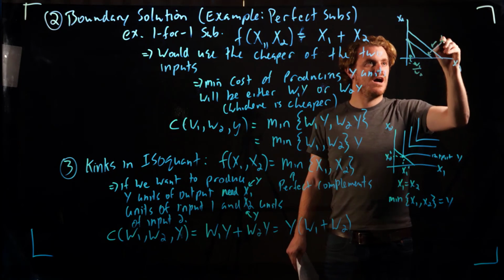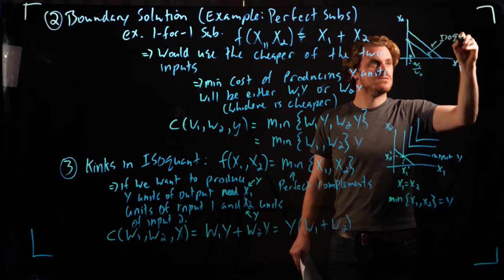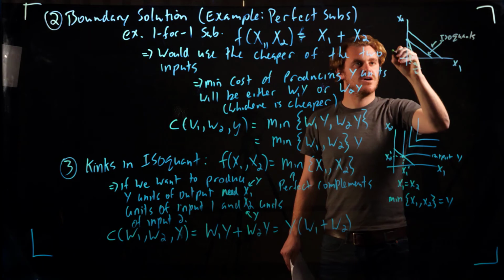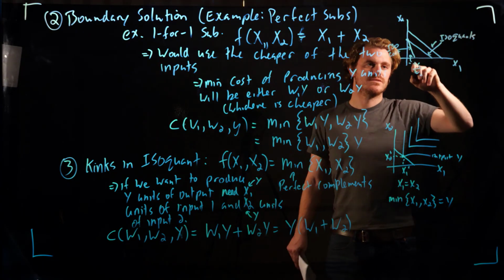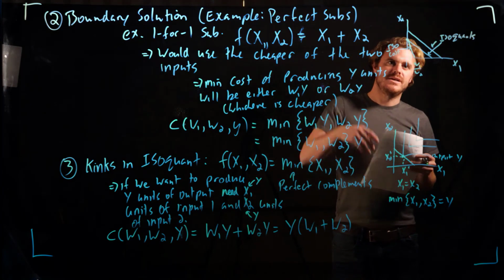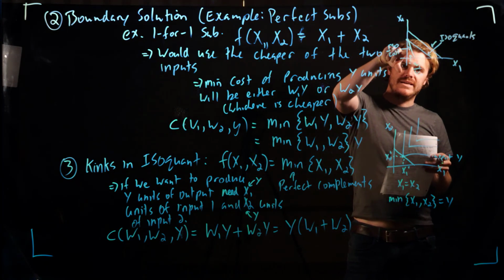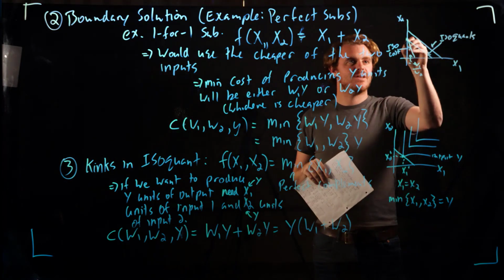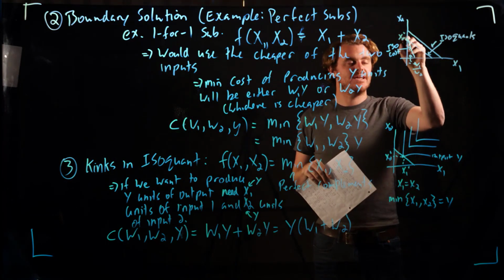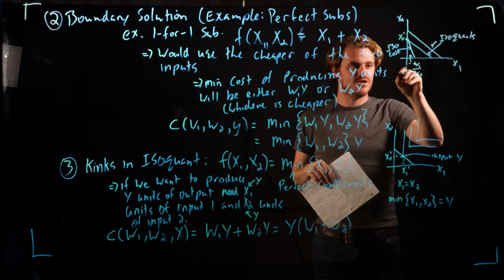And these are isoquants. This is an isocost. So here, you can tell just by the slope, it's cheaper to use input 2 than input 1. And so that means we're just going to use input 2 to produce this and 0 input 1.